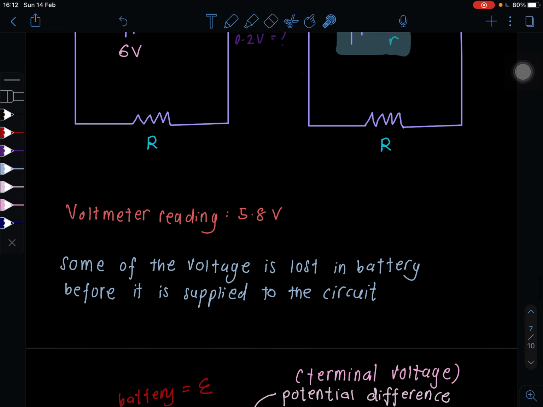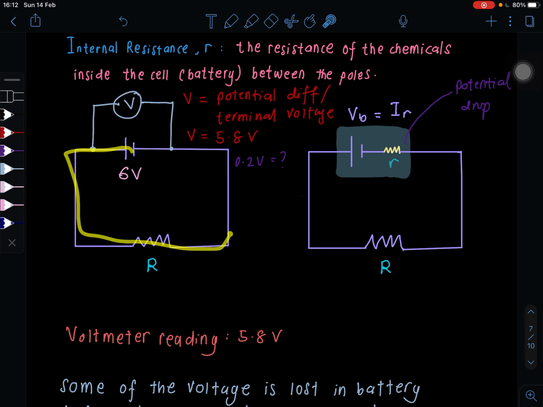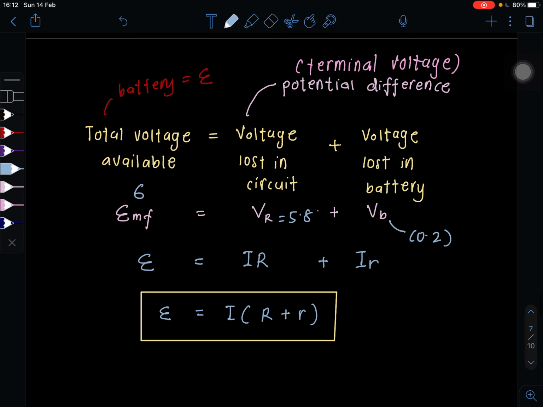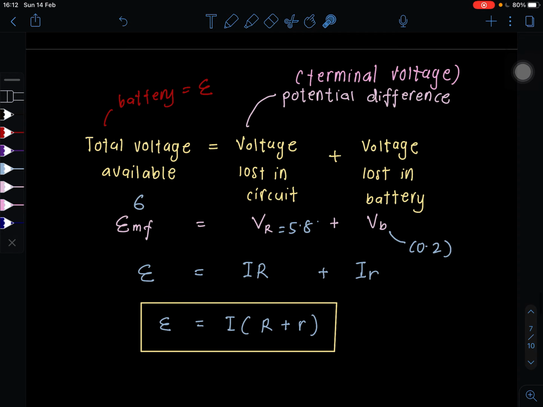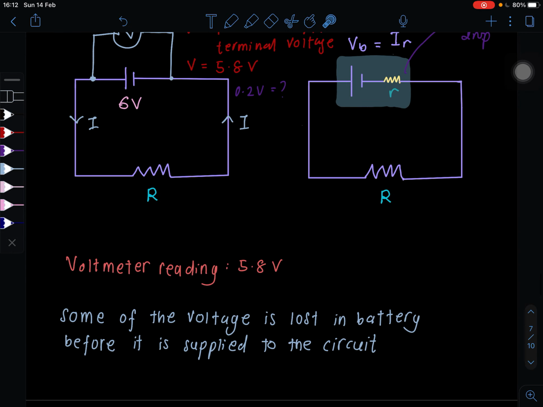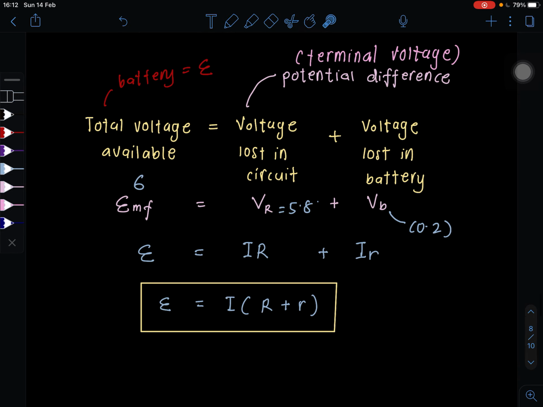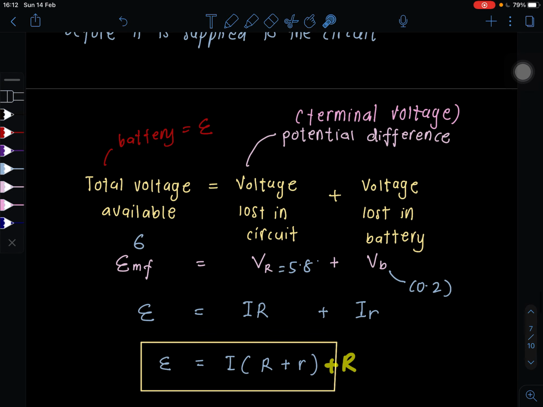Okay, since this is a series circuit, the current will be the same throughout the circuit. So we can factorize: EMF equals I times the resistance plus the internal resistance. It depends on the circuit. If we have another resistor connected in series, we add another resistance.